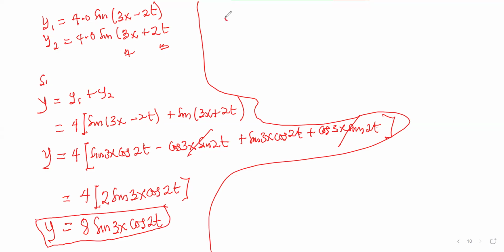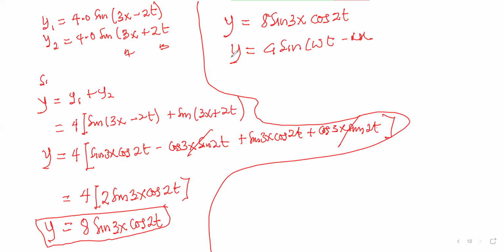You see, when you compare the equation of the stationary wave to the equation of a progressive wave, for a progressive wave we simply have A sine omega t minus kx, or even if it's cosine, A is the amplitude. Over here, the amplitude is in itself a whole trigonometric function.